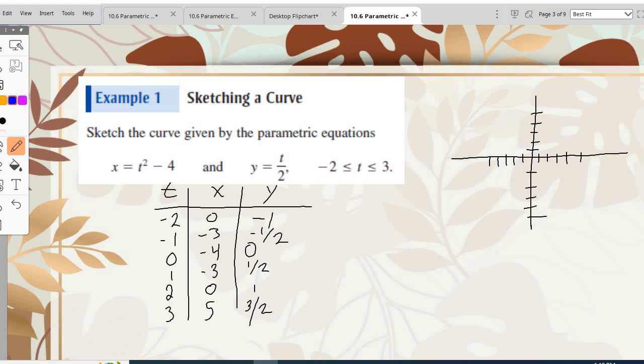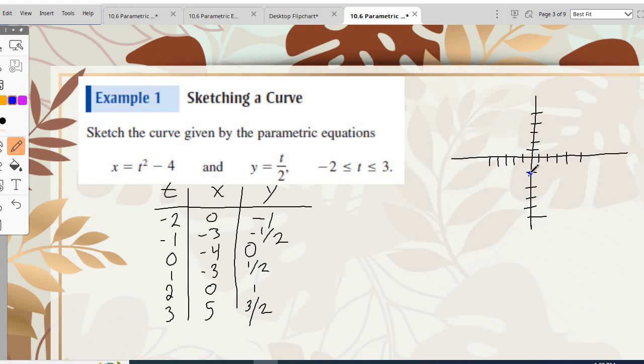So then I'm just going to graph those points. So where is the point 0, negative 1? It's on our y-axis. And then the point negative 3, negative 1/2 is in which quadrant?